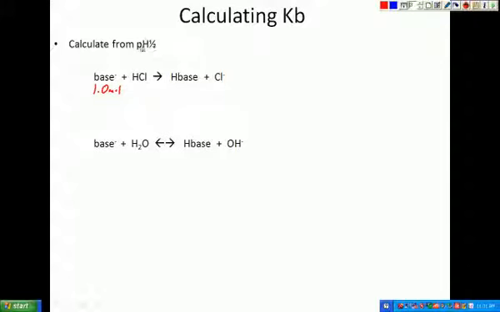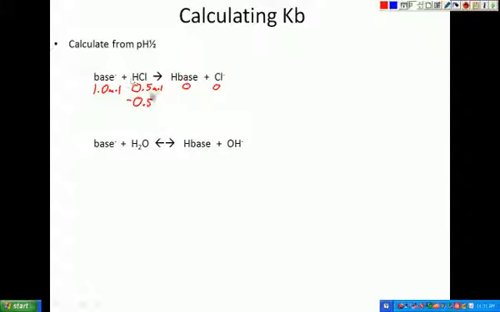But at half the equivalence point we have 0.5 moles of HCl. Okay. Now this is only going to be going one way. So since HCl is strong, it's going to 100% ionize, and that means this is going to decrease by 0.5.